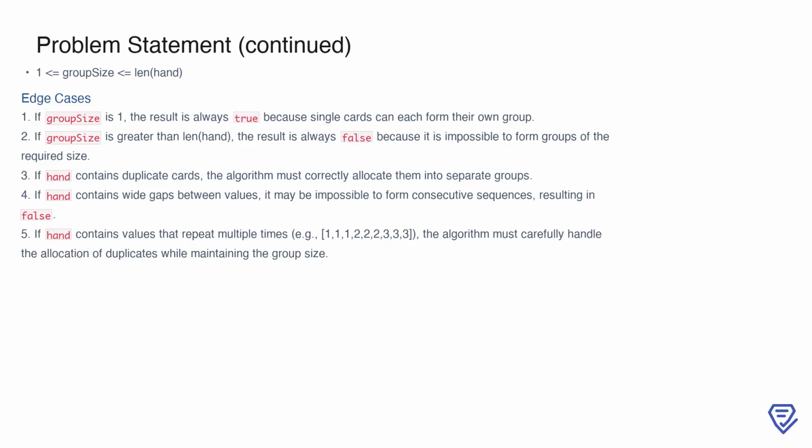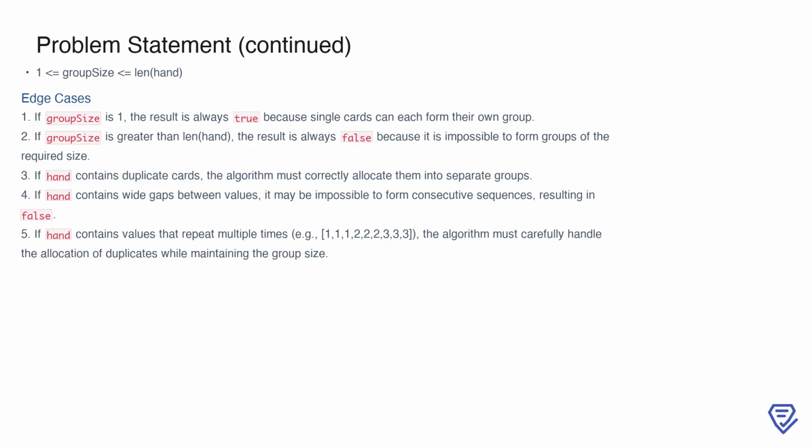However, if the group size is greater than the total number of cards in hand, the output is always false because it's impossible to form even a single group of the required size. Additionally, if there are duplicate cards in the hand, the algorithm must ensure that these duplicates are allocated to separate groups correctly. Another critical scenario is when the values in hand have large gaps between them, which may prevent the formation of consecutive sequences and lead to an output of false.